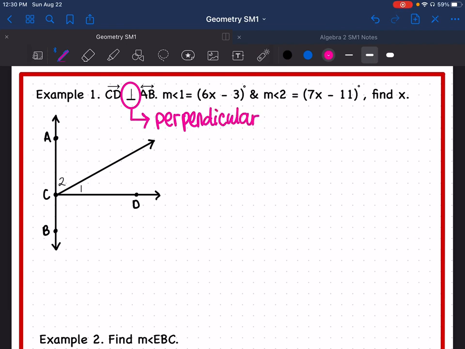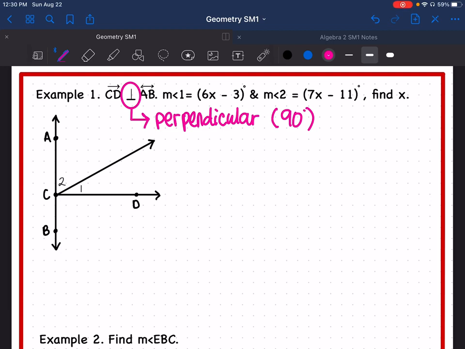For angles to be perpendicular, they must create a 90-degree angle. Or for rays to be perpendicular, they must create a 90-degree angle.